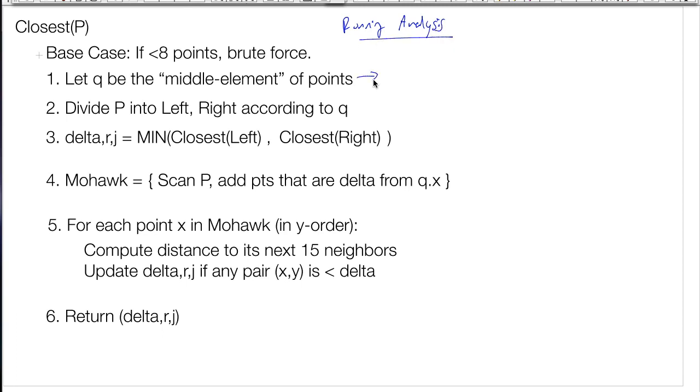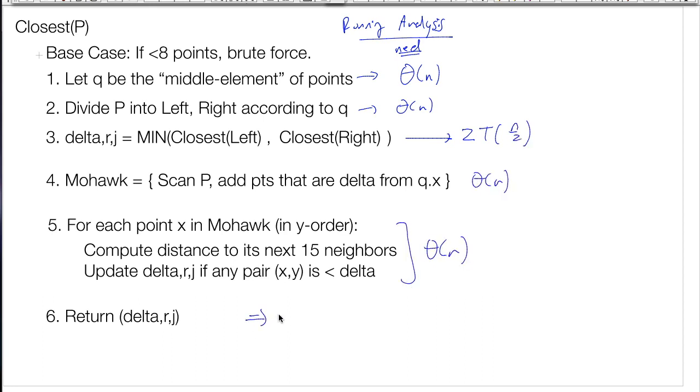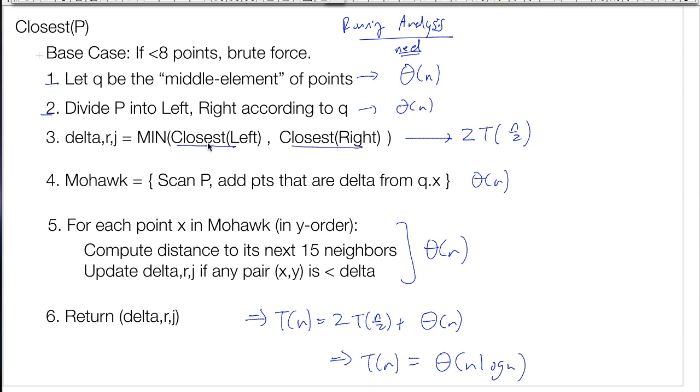Okay, so this right here is what I need. If this is our algorithm, and we can compute steps 1 and 2 in order n time, notice that closest of left is of size n over 2, and closest of right is of size n over 2.